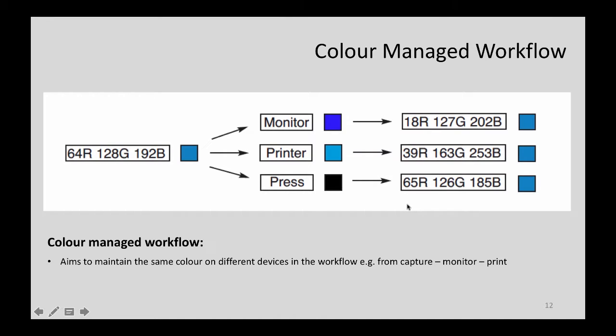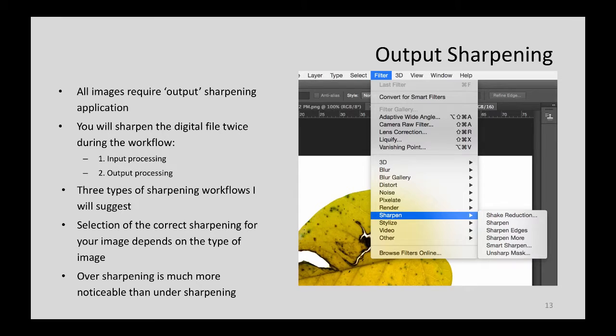So instead of you having to work this all out, it's through the use of profiles that talk to each other between devices, which will ensure that the colour that you input and view on your device will also be your output colour. So you have taken your photograph, you've put it onto your computer screen, you've processed it, you've saved it as a TIFF finally.